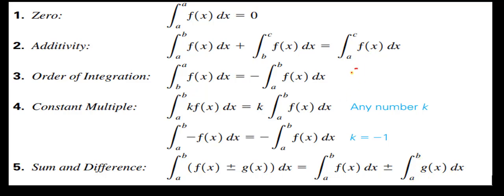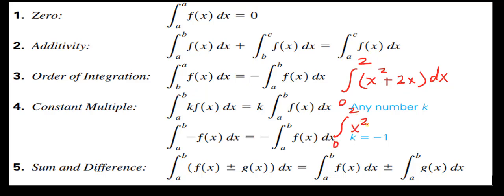So if you have, let's say, the integral from 0 to 2 of x squared plus 2x, quantity, dx, you could separate it as the integral from 0 to 2 of x squared dx plus the integral of 2x from 0 to 2.